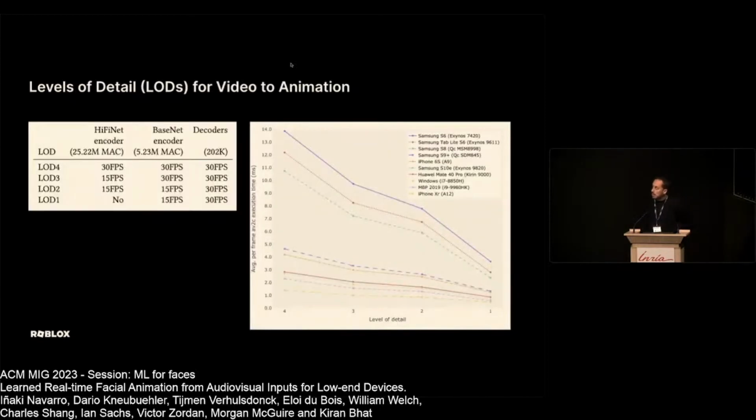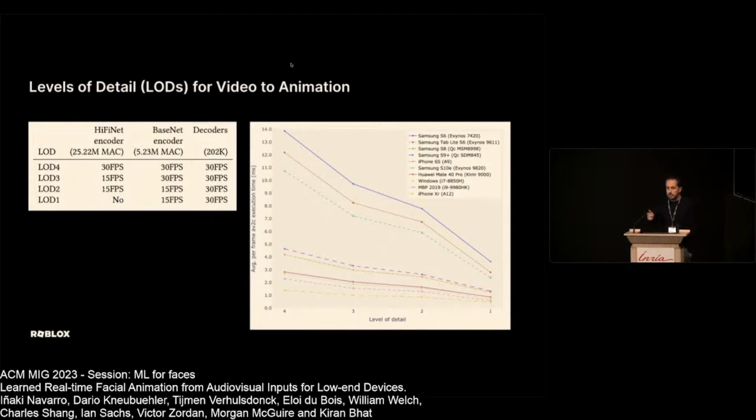And now, as I said in the video part, we have a BaseNet, which is very low compute, and we have HyperNet, which produces better effects. With these two, and a combination of how often we run these networks, we support 4 LOD levels.